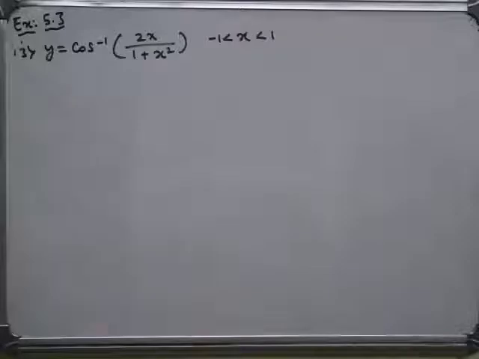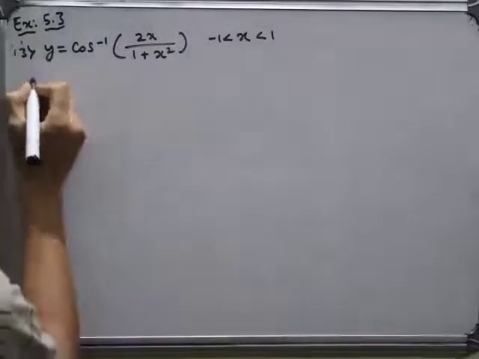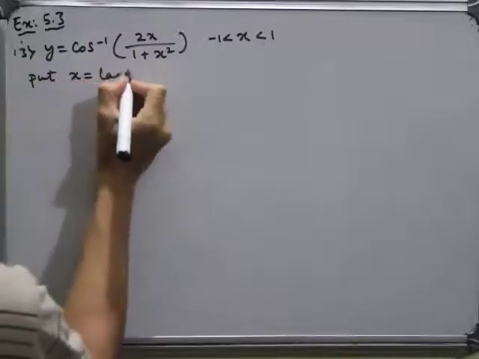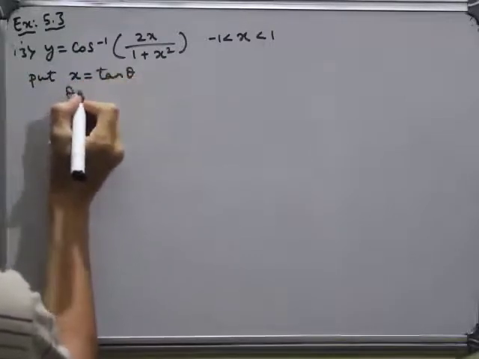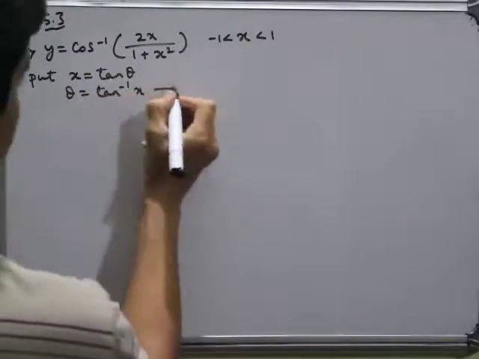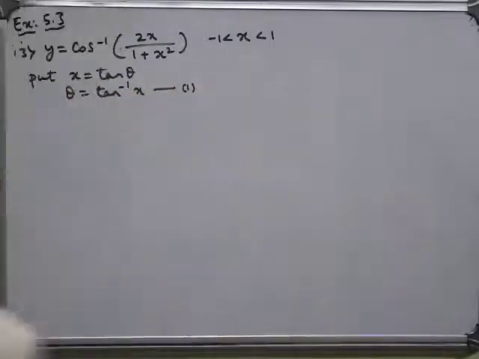Okay, so again substitute the value. Put x equal to tan theta and theta equal to tan inverse of x. Call this equation number 1. Now substitute the values. We have already seen 2 tan theta divided by 1 plus tan square theta will get sin 2 theta.